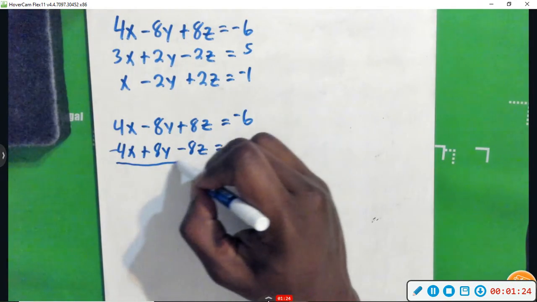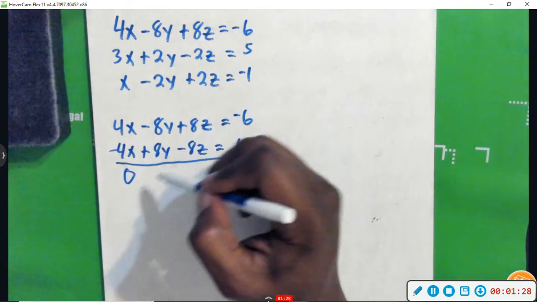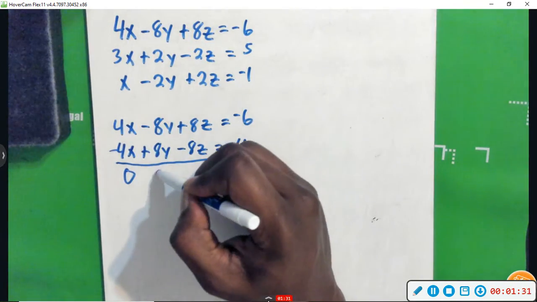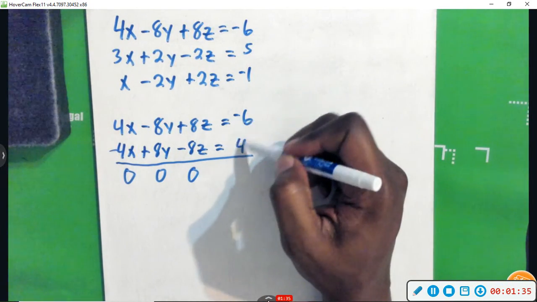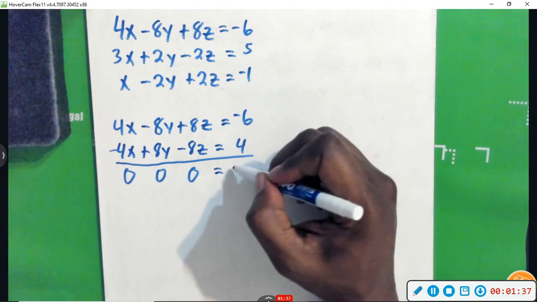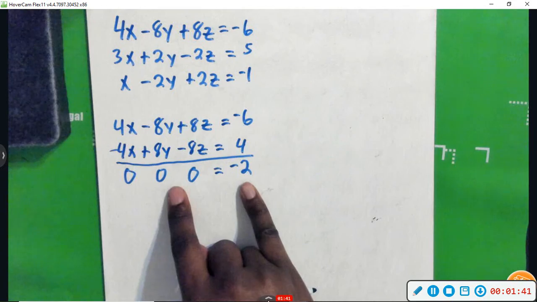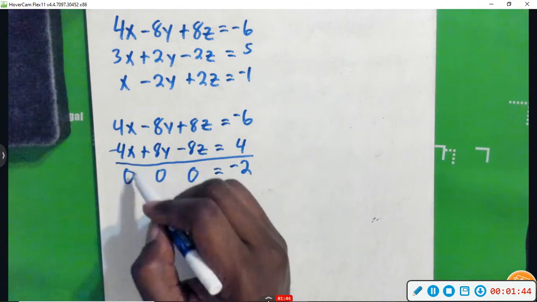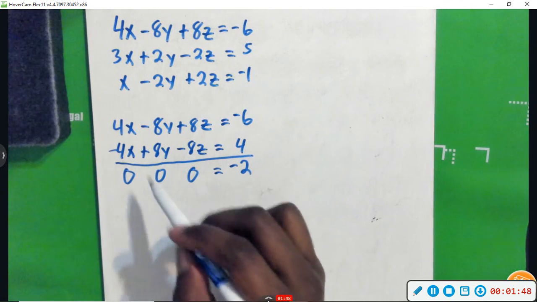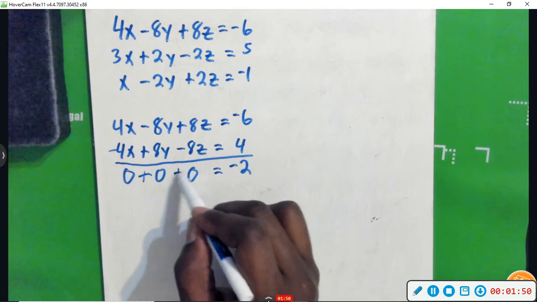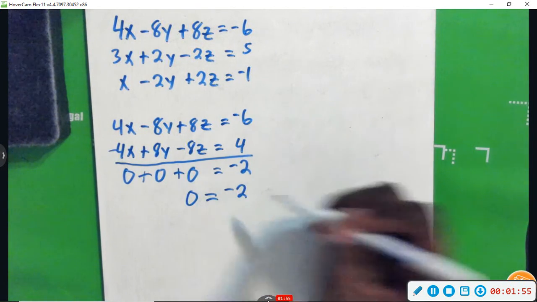Alright, now I'm going to add these up together. X gets eliminated, 0. This gets eliminated, 0. This also gets eliminated, 0. And then over here we end up with equals -2. So if you ever have this scenario where all your variables get eliminated and you're left with something that is not true, it doesn't matter if I'm adding or subtracting zeros, this is just saying 0 equals -2.